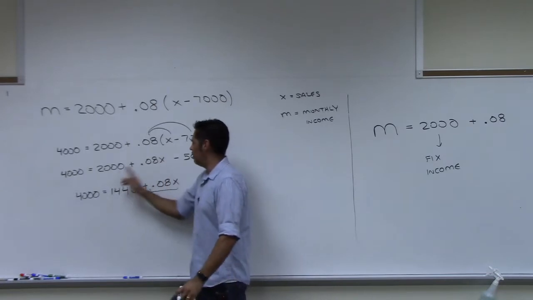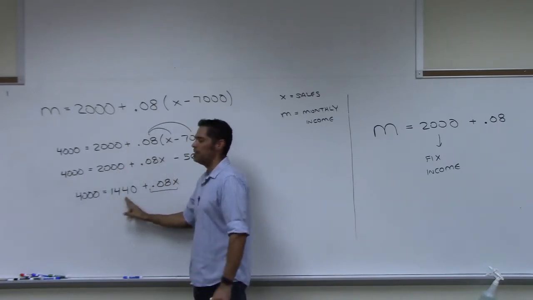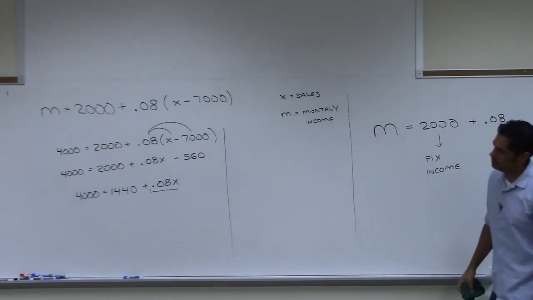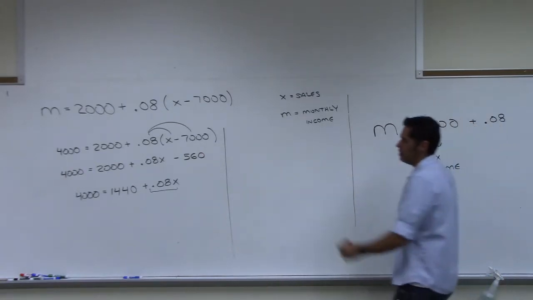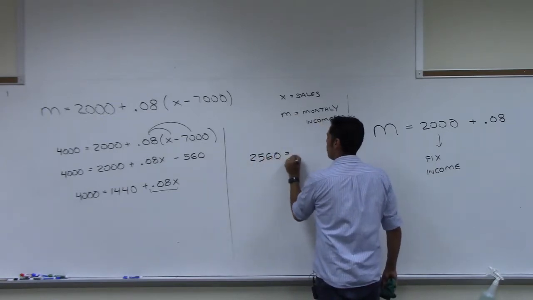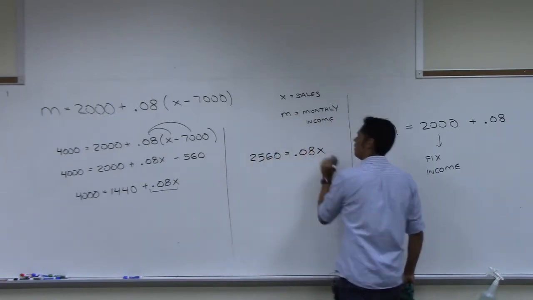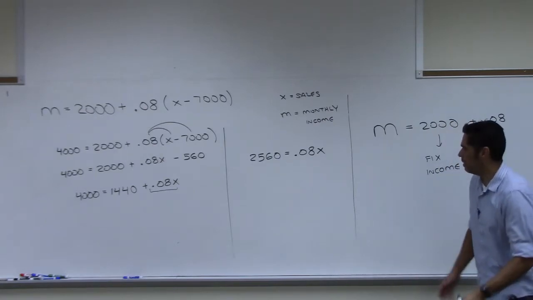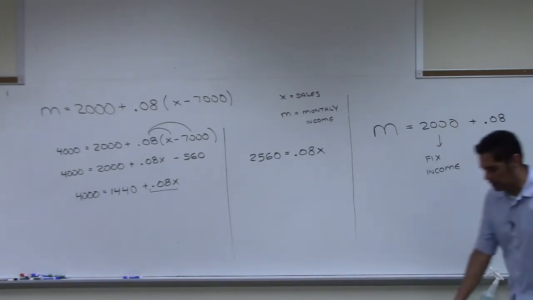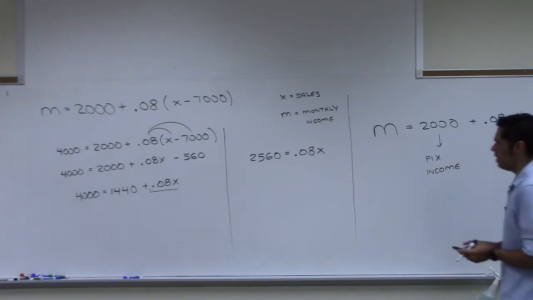I don't know what I did, but this minus this is this, that's what you were saying, and then subtract. So what do you get when you subtract there? 2560 equals 0.08x, and now divide through by 0.08. It's going to be a pretty big number, 32,000.